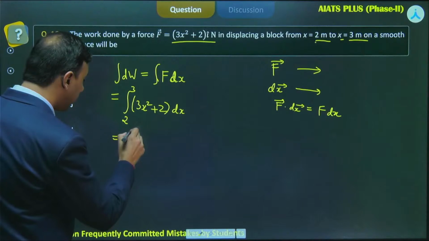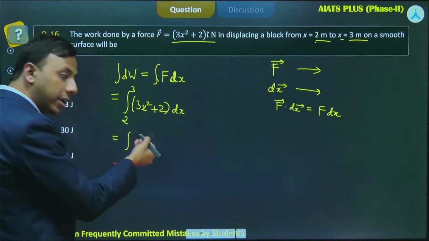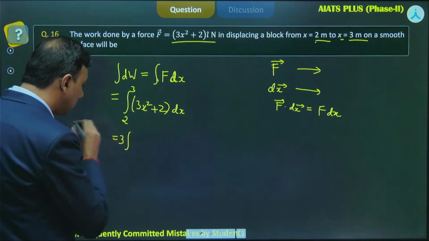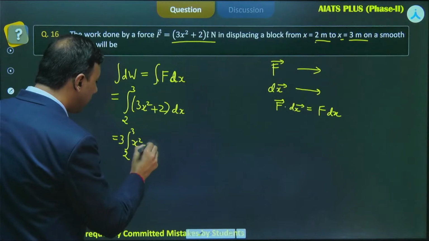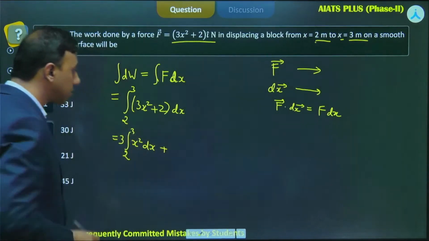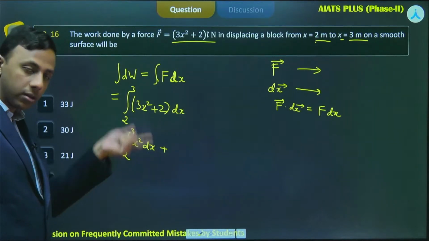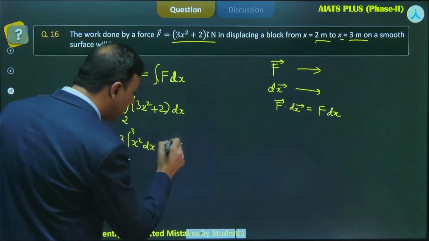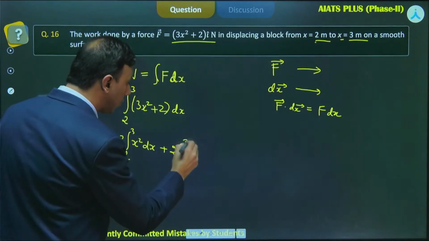It becomes integral 3x square dx. That 3 you can take outside the integration symbol, from 2 to 3, 3x square dx, plus 2 dx, the 2 again goes outside, so 2 dx, also from 2 to 3.